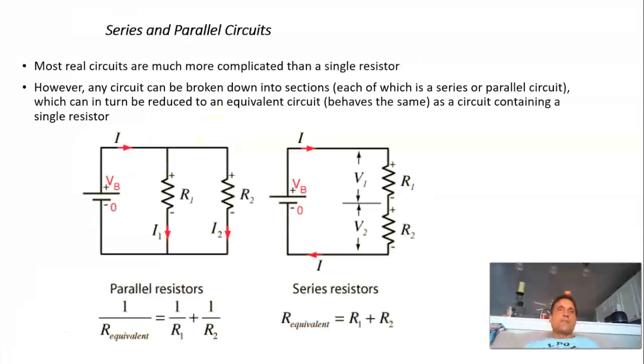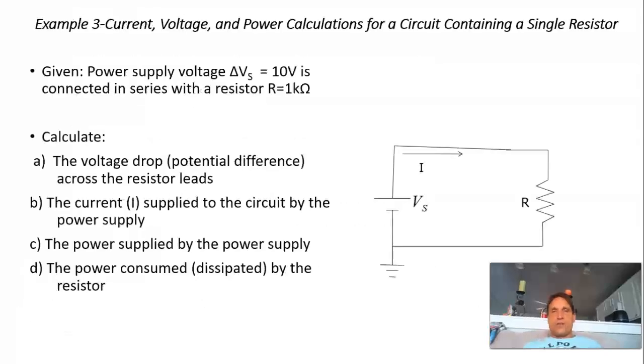So you might ask, if most circuits have more than one resistor, and obviously they do, most circuits have many resistors and other elements connected, why are we wasting our time trying to really understand a single resistor circuit?